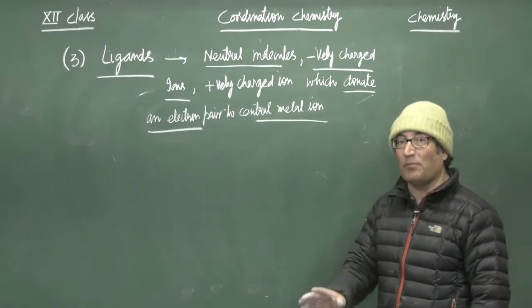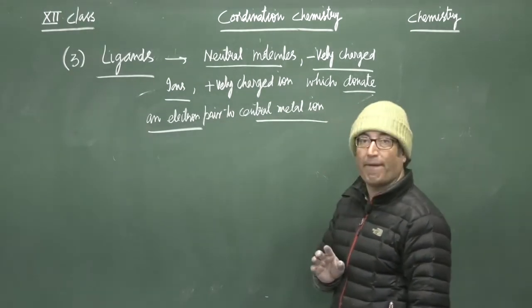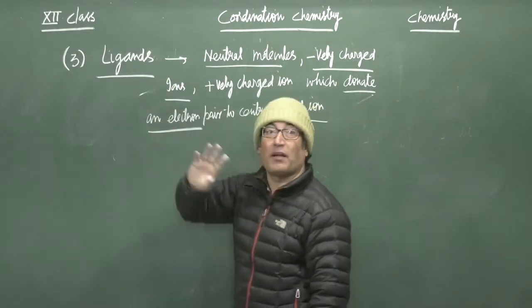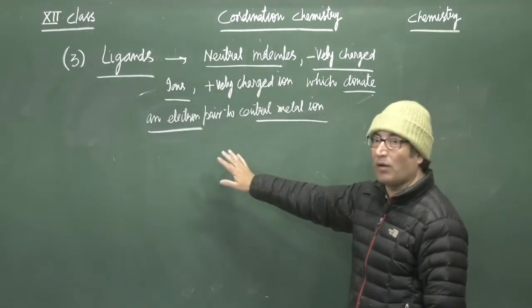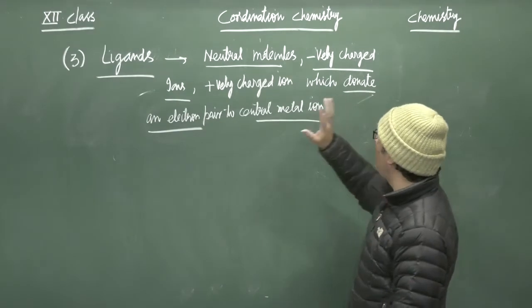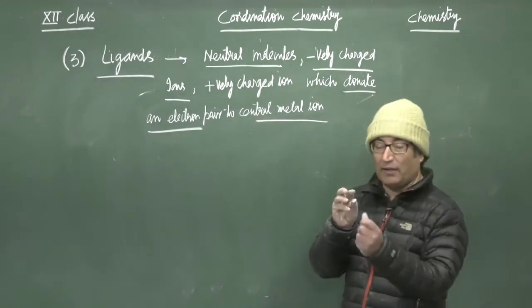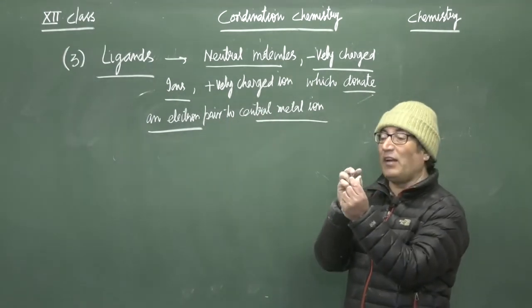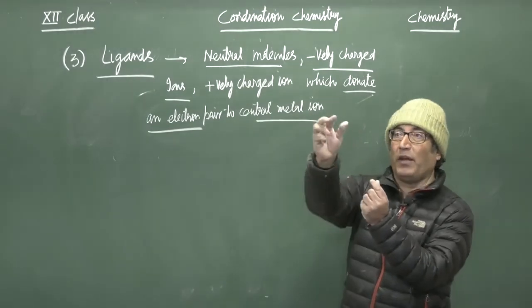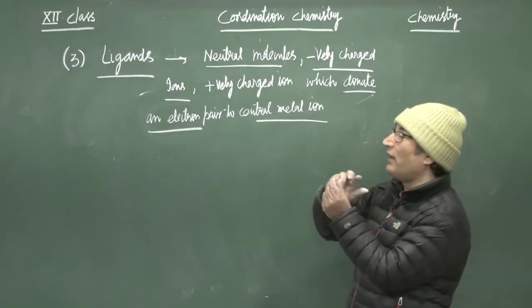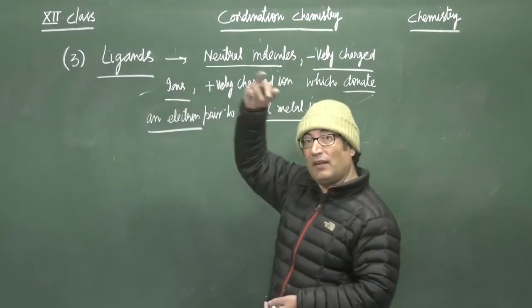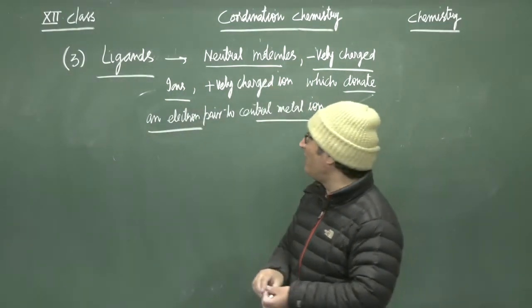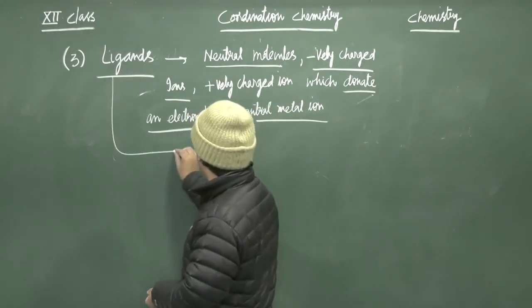Though there are some molecules which are ligands but are not Lewis bases, that is a bit higher. But normally speaking, every ligand has an atom that contains a pair of electrons, and that pair of electrons it donates. By donating electron pair to central metal ion, it binds itself with central metal ion. So ligands are also Lewis bases.